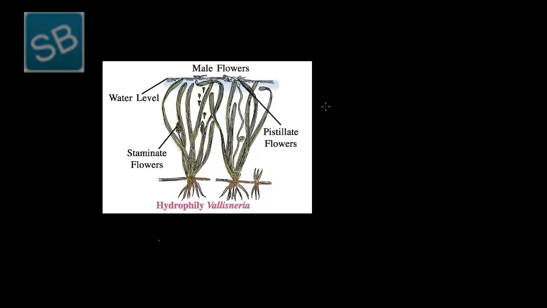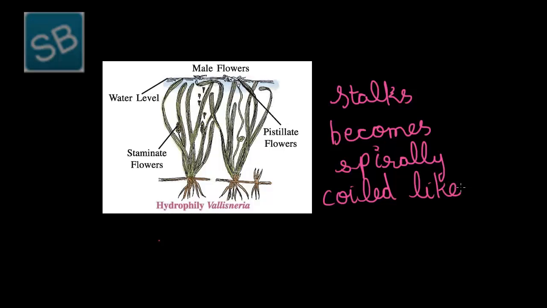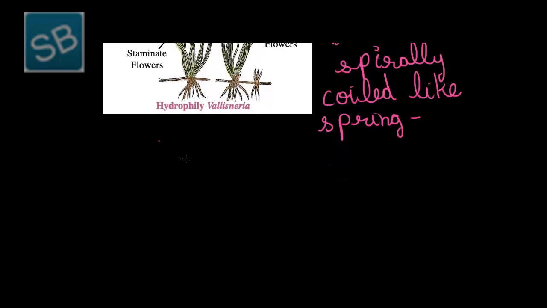Here the stalks become spirally coiled like a spring, because after pollination, the fertilized flowers are withdrawn towards the water within.